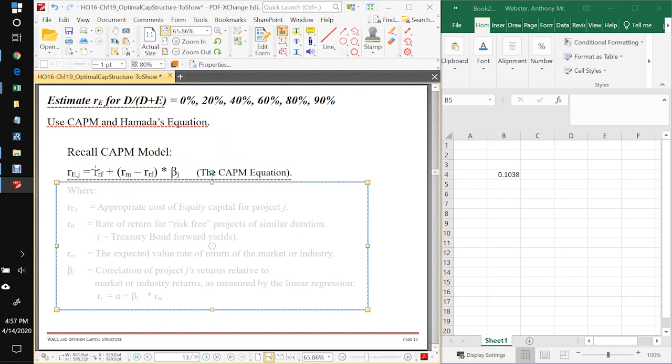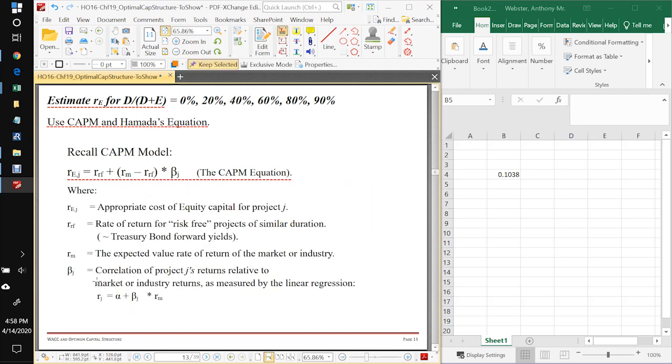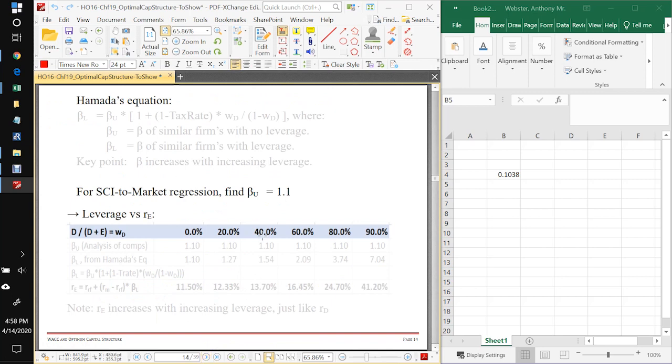It's equal to the risk-free rate, which we'd measure probably by treasuries, plus that increment for market risk, which is the market return rate minus the risk-free rate, times beta j, and beta comes from that regression of the company we're considering versus the market, right? So beta comes out of that regression. Okay, we've been through that before, so let's move on.